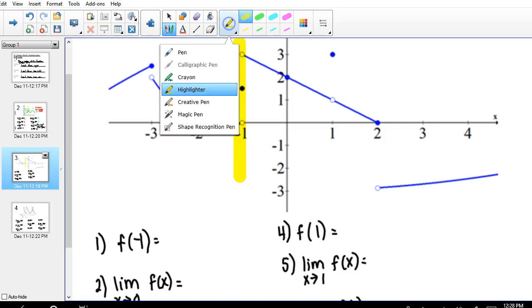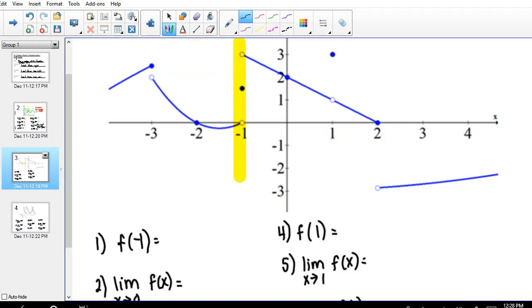I will try on quizzes and tests to give you numbers that are exactly on the grid lines. If I do not, an estimate will be perfectly fine. In fact, we will not have a quiz on this. We're going to have a test on Thursday. Most everything I have, I think, has perfect grid line answers.